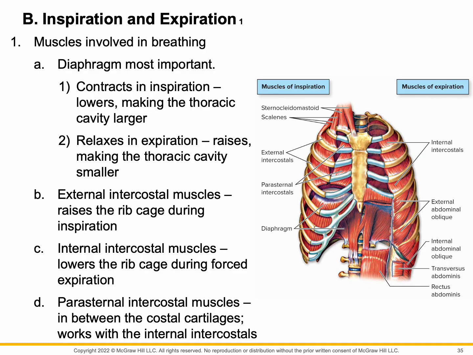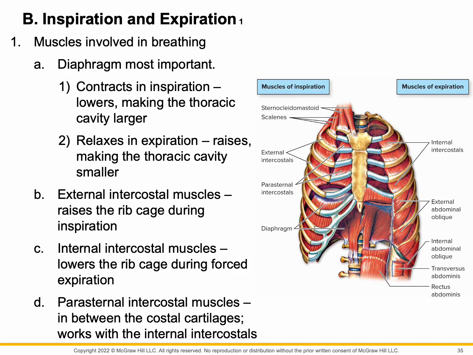In the case of expiration, the diaphragm and external intercostal muscles relax, and the rib cage moves downwards and inwards, causing the volume of the thoracic cavity to decrease. This decreased volume causes increased intrapulmonary pressure, and the air is then forced out of the lungs.